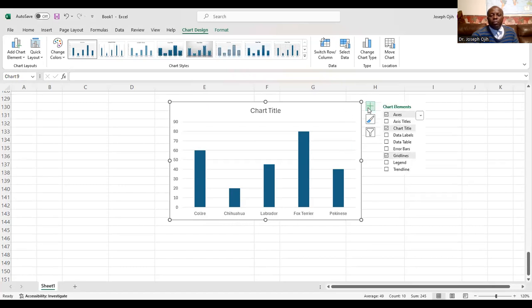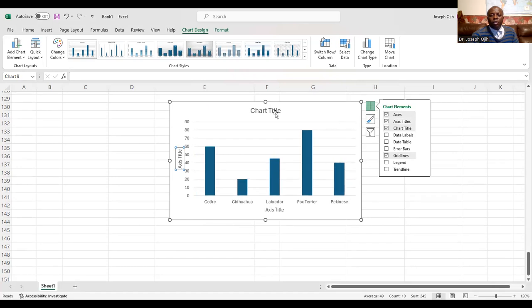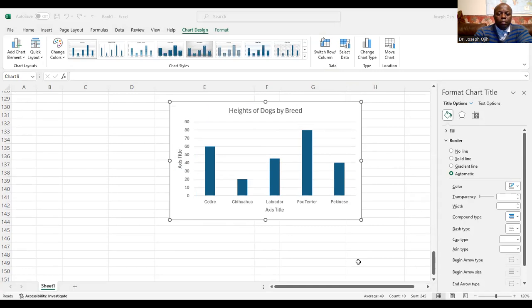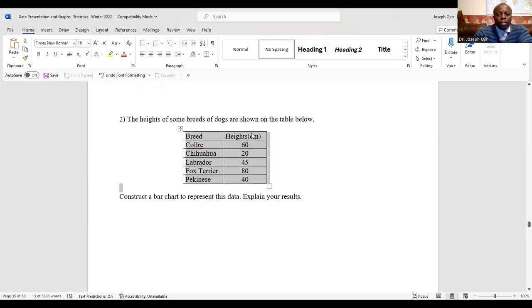So I'm gonna put the title, height of dogs by breed. The height in cm. I think it's in cm. Let me see. Yeah, in cm.